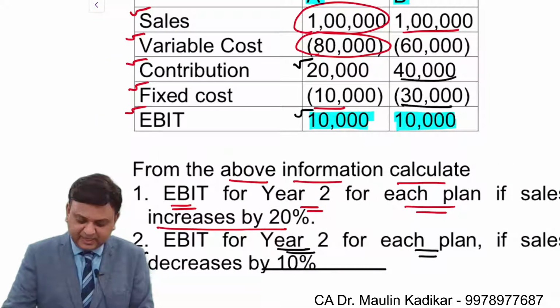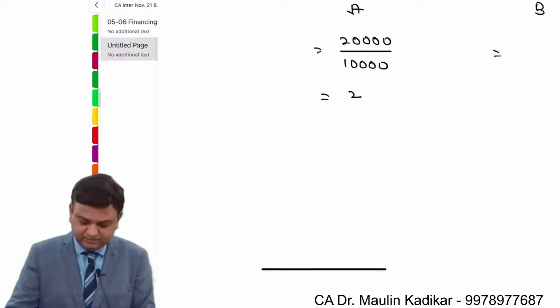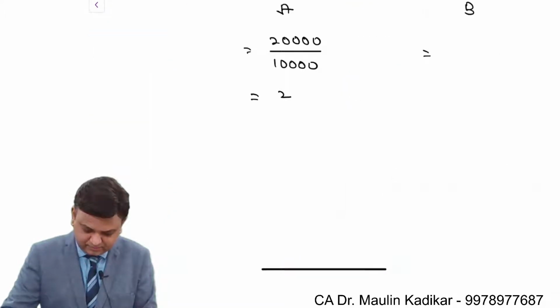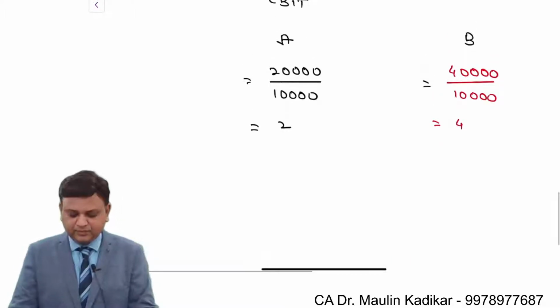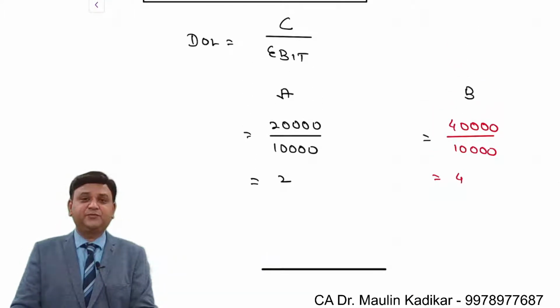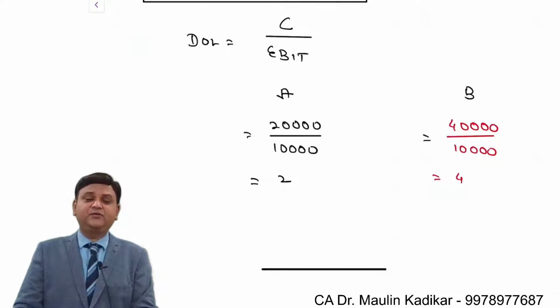And for plan B, 40,000 upon 10,000. So the answer is 4. So the degree of operating leverage of plan A is 2 and the degree of operating leverage for plan B is 4.